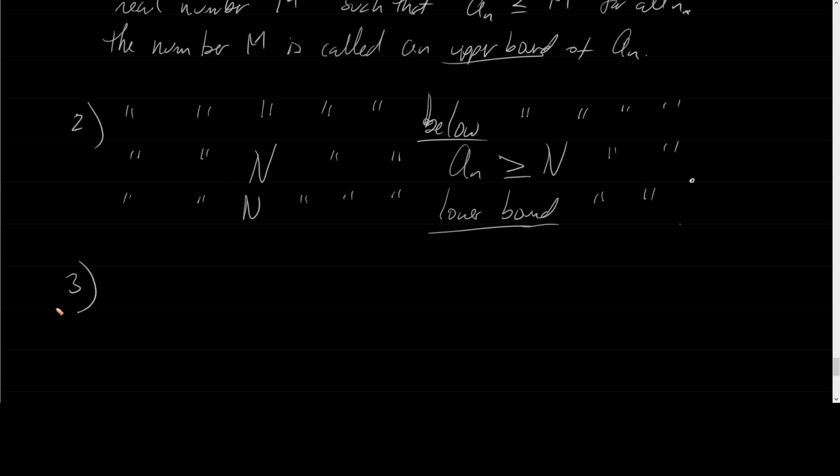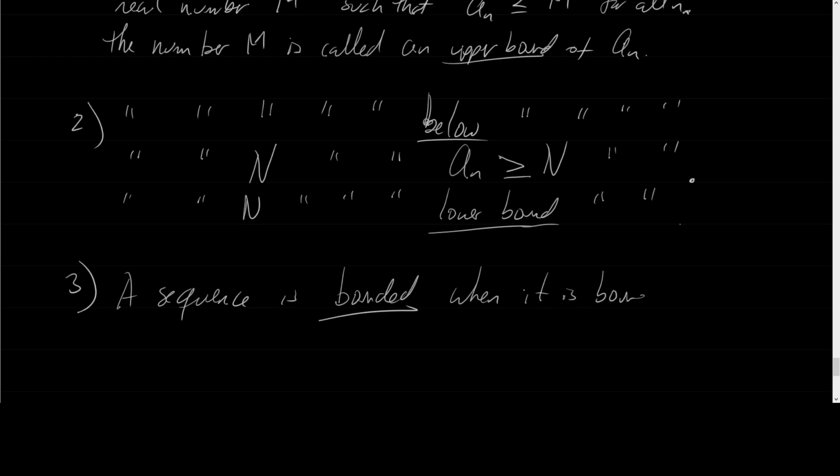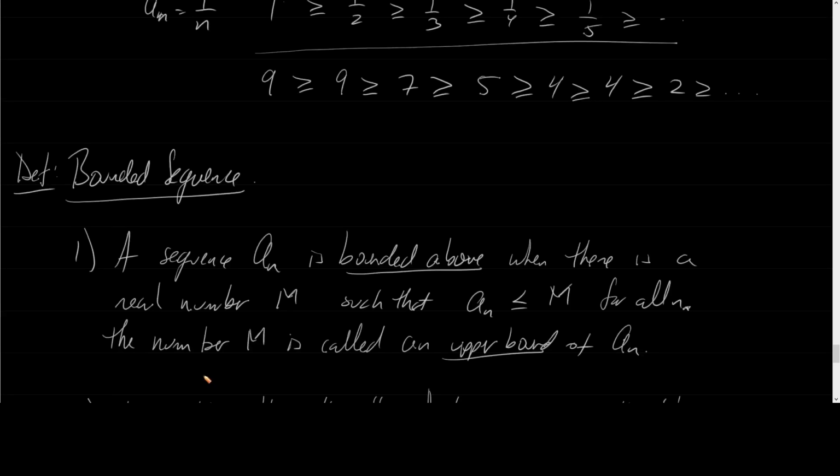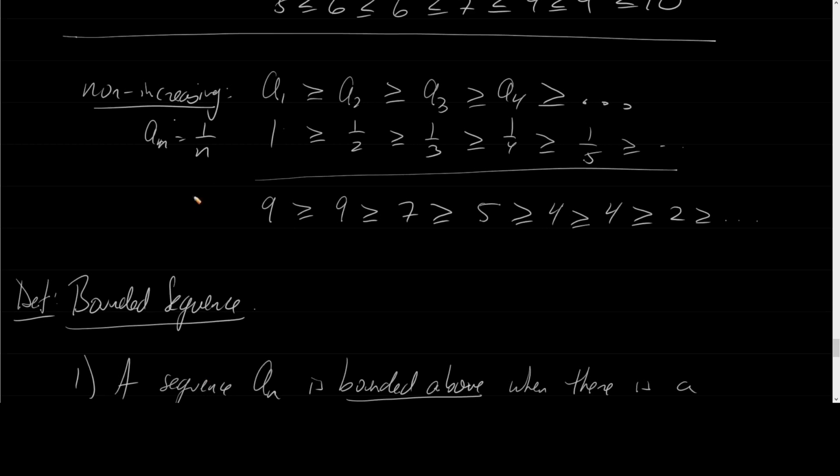3. A sequence is bounded when it is bounded below and above. So for example, this one right here, it's bounded above by 1. Right? 1 is the biggest possible value that we get there.